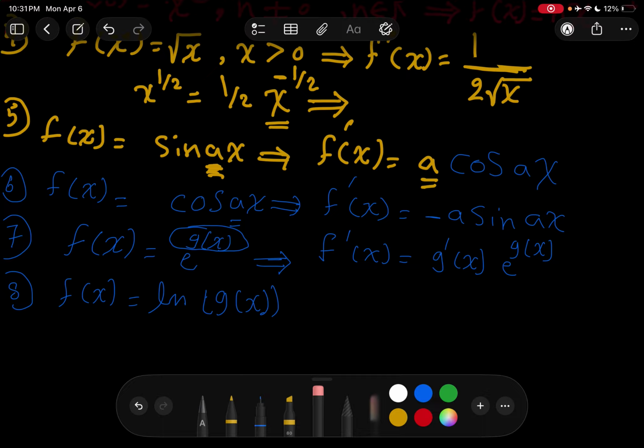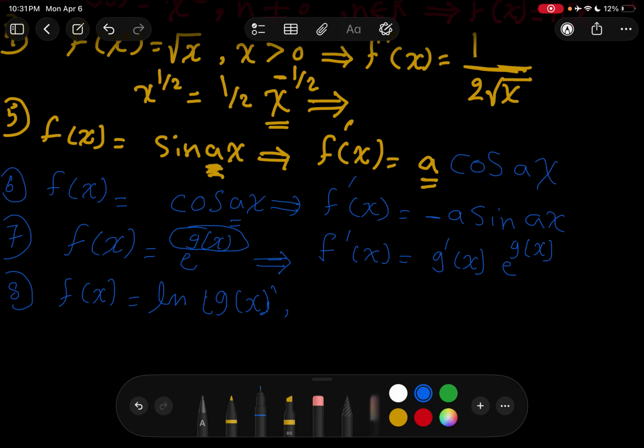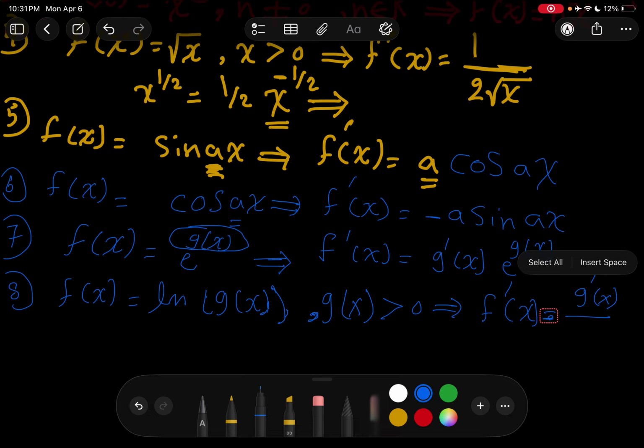So that belongs to f prime of x, or the derivative, equal g prime of x over g of x. The derivative of the function g of x over the function g of x.